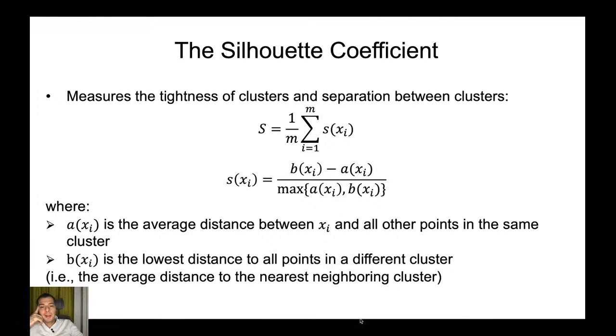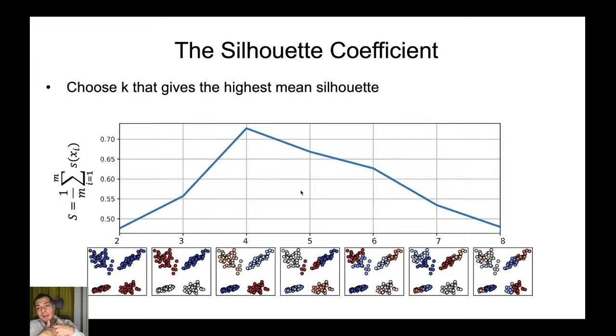So then we have to divide the score by the maximum of these 2. This is the silhouette coefficient, and it is supposed to attain its highest value when the number of clusters k is optimal.